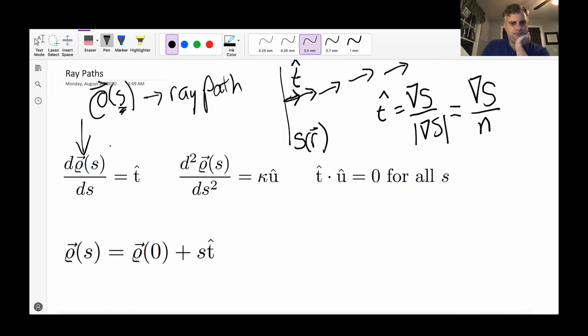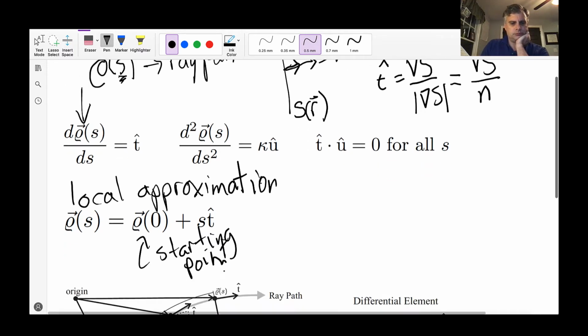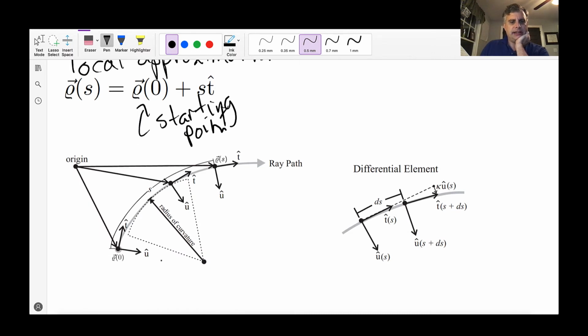Now, if you wanted a local approximation of a ray trajectory, we would just have a starting point and that unit vector would point in a direction and as s increased you would project the ray path along that initial t hat.